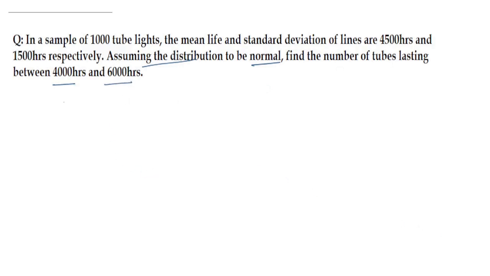Here the data given is n is equal to 1000, the sample size, mu is equal to 4500 and sigma is equal to 1500 hours, and the distribution is normal. We need to find the number of tubes lasting between 4000 and 6000.